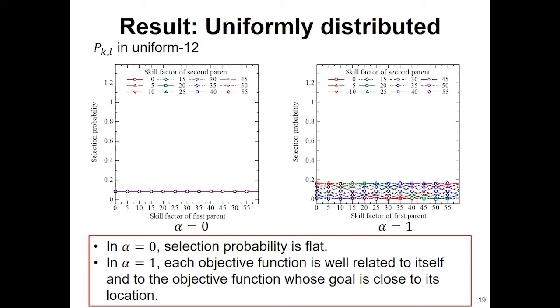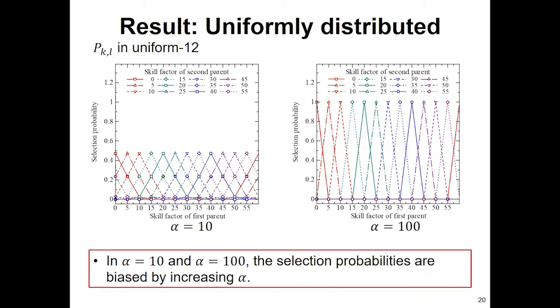Also, here is a graph of the values PKL that represent the probability of parent selection. The left graph shows the probability when alpha is 0, and the right graph shows the probability when alpha is 1. From this, we can see that when alpha is 0, the parent selection is done randomly, and when alpha is 1, each objective function is well related to itself and to the objective function whose goal is close to its location.